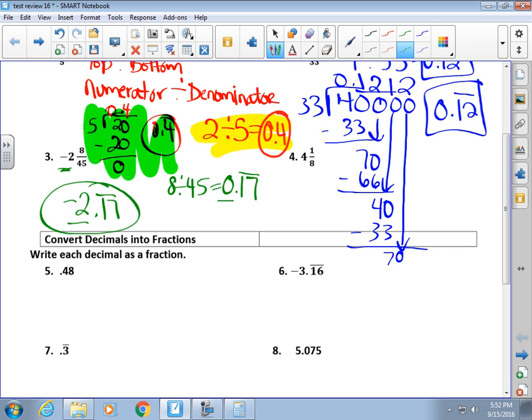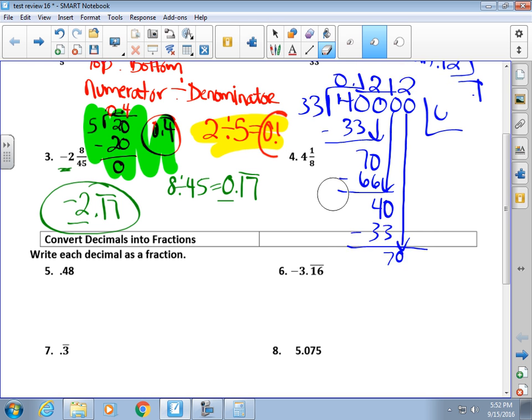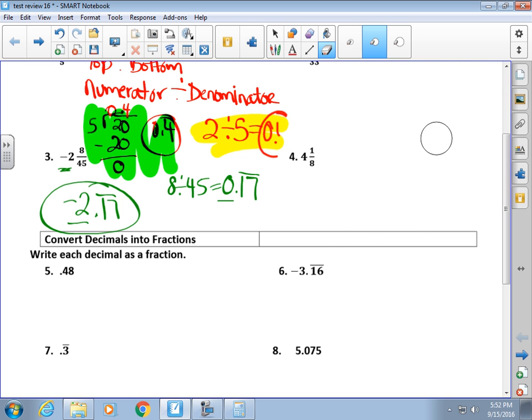All right? And as you know, you can do this with long division. Number 4, again, I have a whole number. So I know my answer is going to have a positive 4 in there, and I can put the decimal.